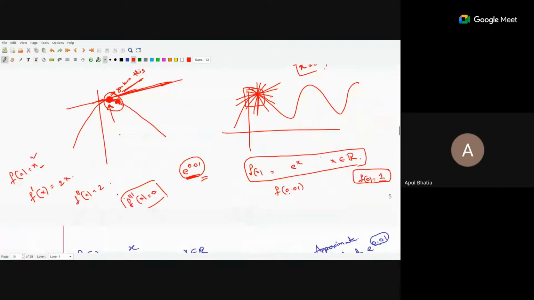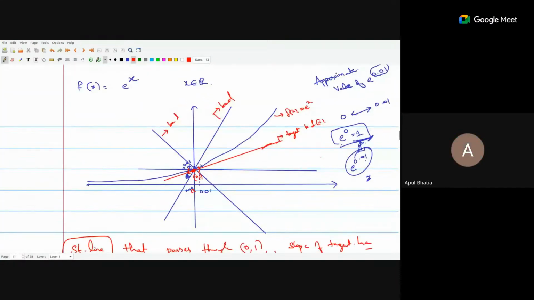So sir, on the graph, e^0.001, e^0.01 at x equals to 4, what will be that point at x equals 4? Around x is equal to 4, is it? Yes, yes. That's very illogical to think, right?